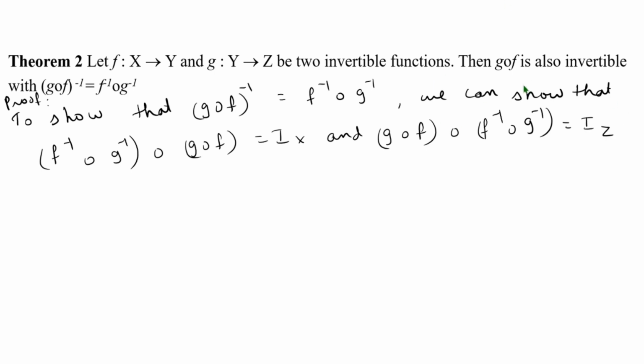So we have to show that g of f is invertible and the inverse of this composition of two functions is equal to this function f inverse of g inverse.